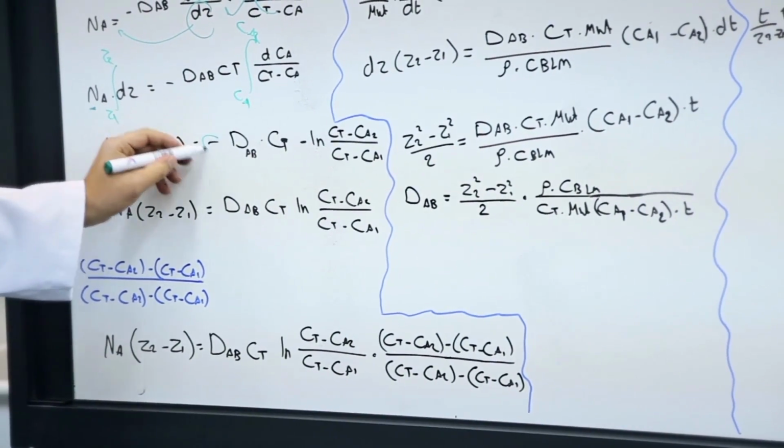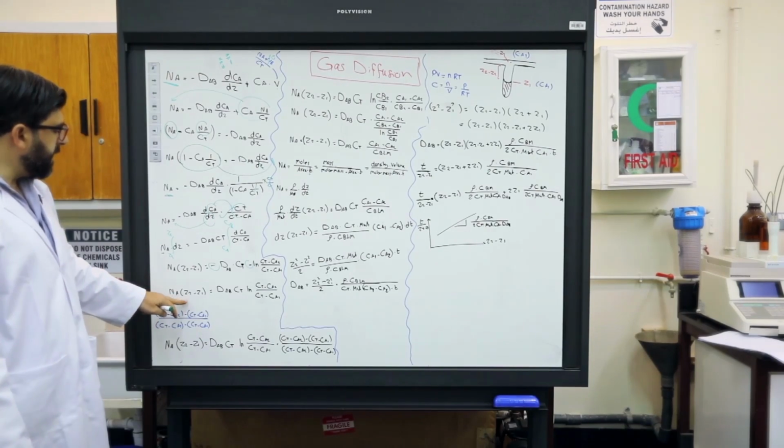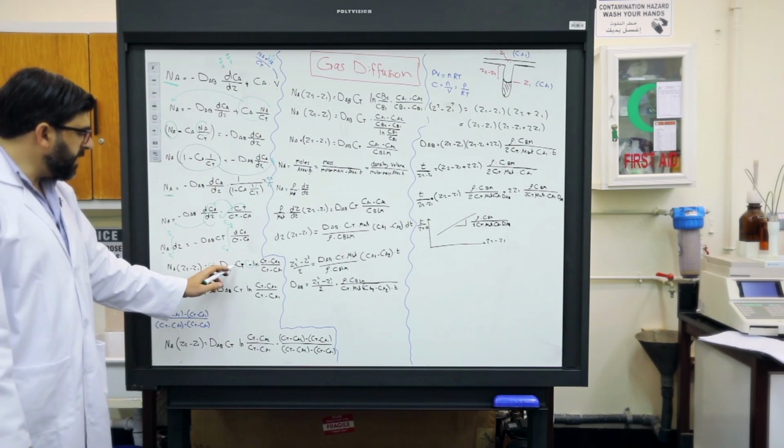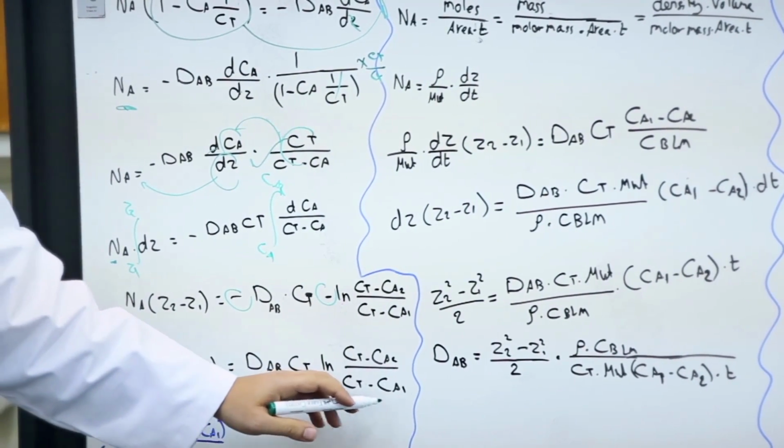Now we have a minus here and a minus here, so we have a positive. So N_A (Z2 minus Z1) equals the diffusivity of A to B times C_T ln of (C_T minus C_A2) over (C_T minus C_A1).